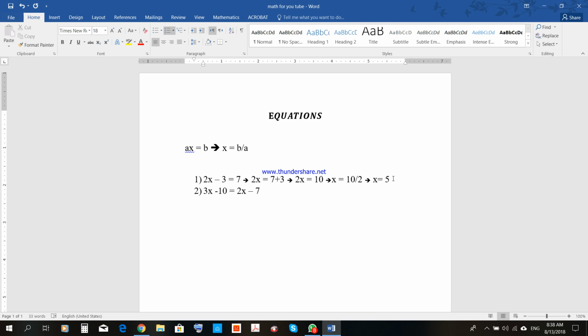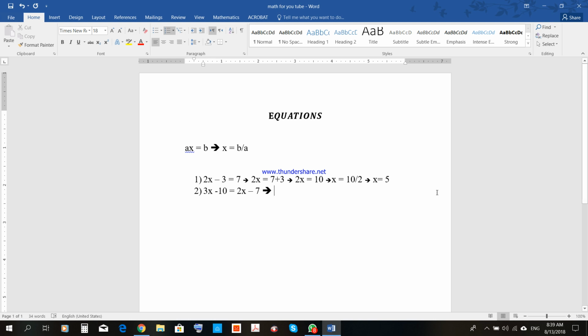Here, in this case, we have unknowns at the right side of equal, and we also have numbers at the left side. We must take the numbers at the left side to the right side of equal, changing their sign.